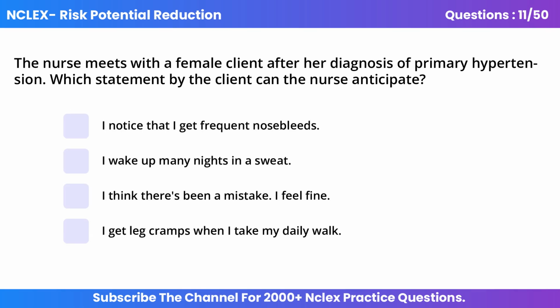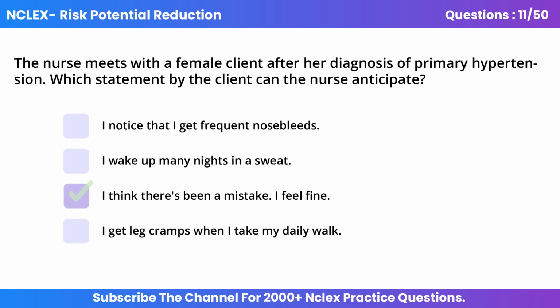Question 11. The nurse meets with a female client after her diagnosis of primary hypertension. Which statement by the client can the nurse anticipate? C. I think there's been a mistake.